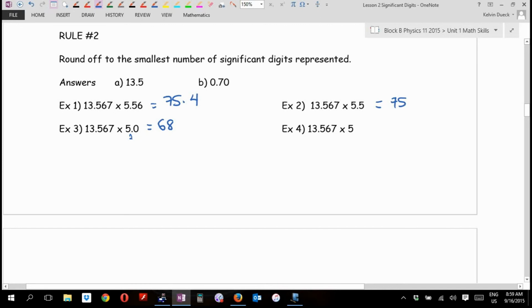How many sig figs in this next one? Just 1. Okay. I guess that means that number 5 came from a measuring device that was just not very accurate. You know?